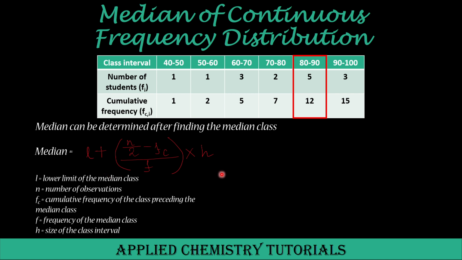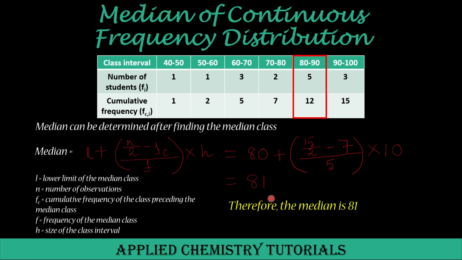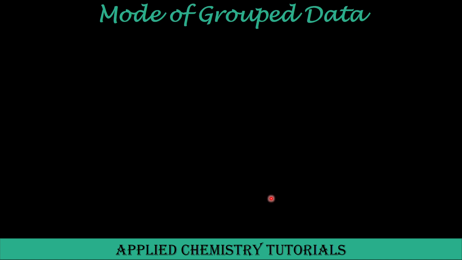Otherwise we cannot apply this particular equation. After putting all the numbers in the given equation, we get 81. So we can say the median is 81 for the continuous frequency distribution.